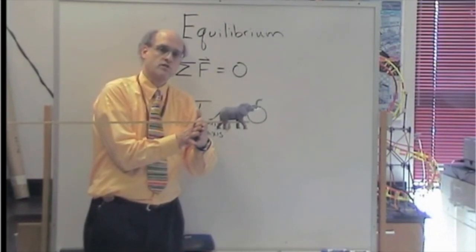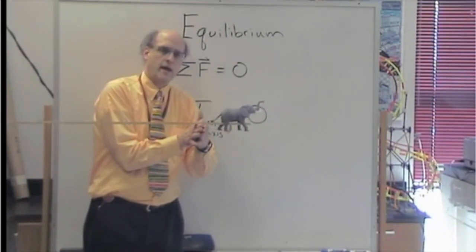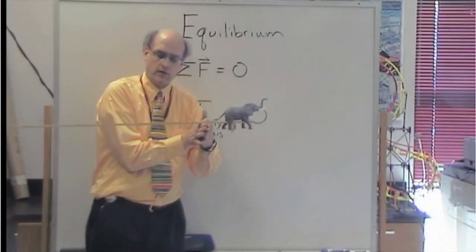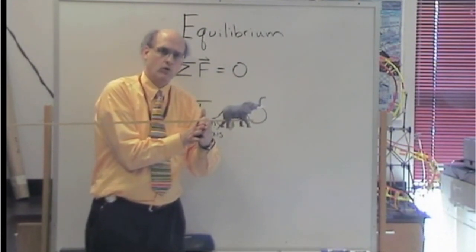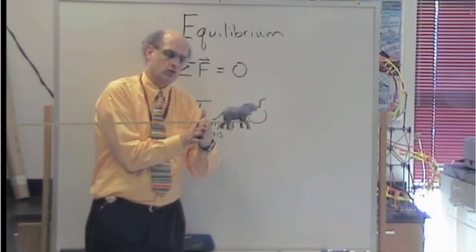So for the sum of the forces equals 0, shouldn't the weight of the elephant plus the weight of the meter stick equal the normal force, which is exerted on the meter stick at my hands?